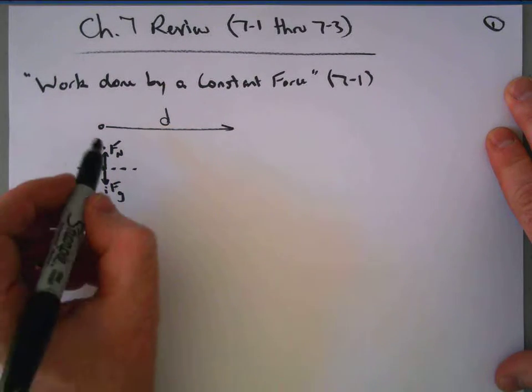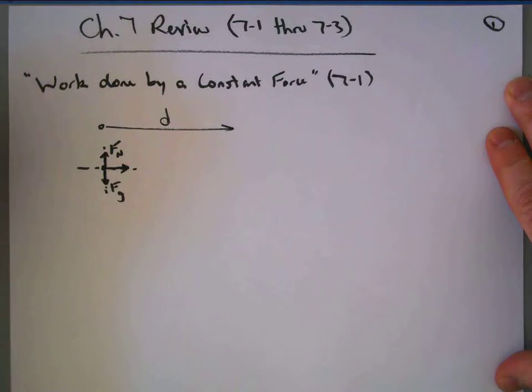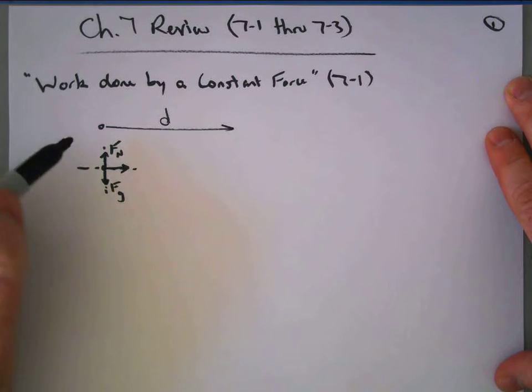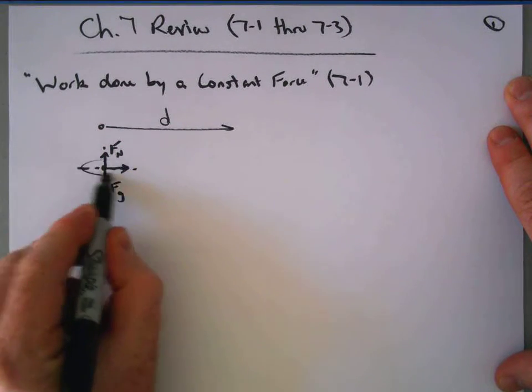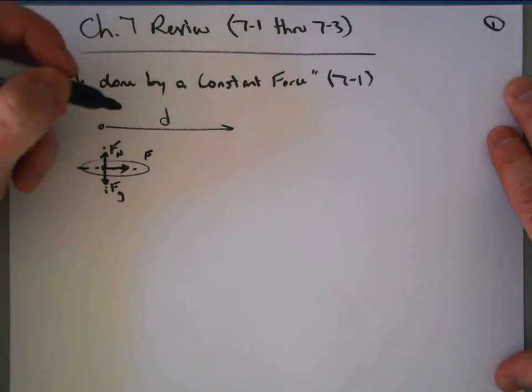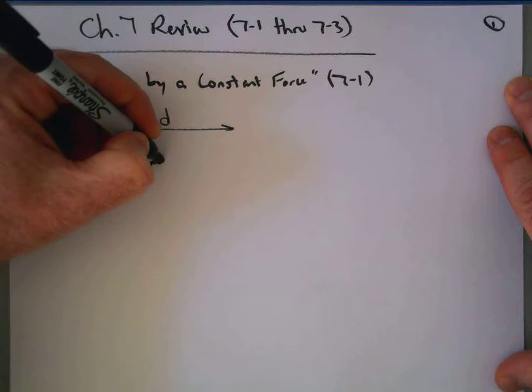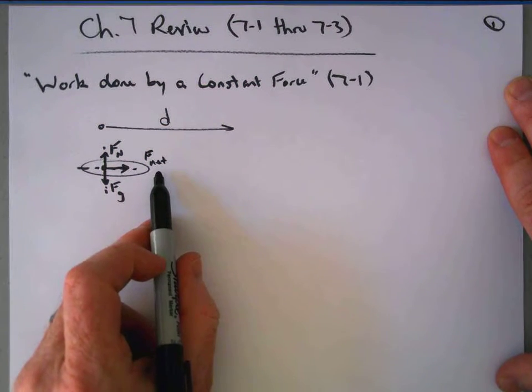But let's say we're pushing it along. There's some sort of applied force. If this is all that's happening, maybe it's a smooth surface and there's no friction, nothing hampering its motion, then what we have right here is an unbalanced force. And any force like this that is unbalanced is equivalent to the net force. That's an important distinction to make.